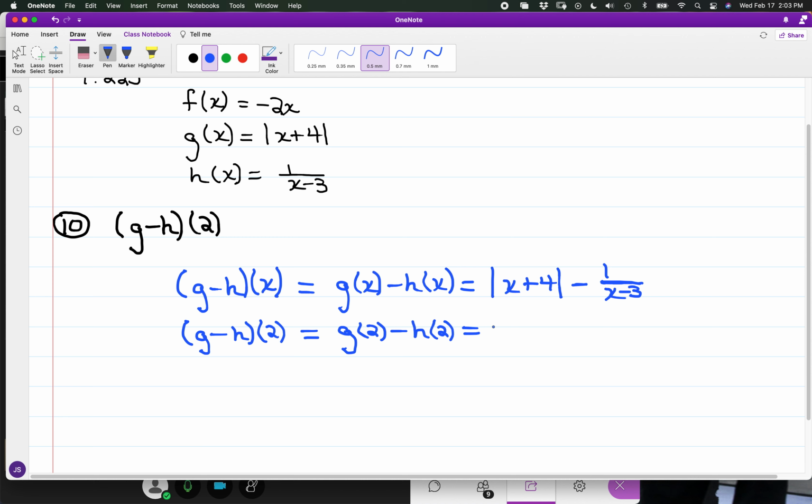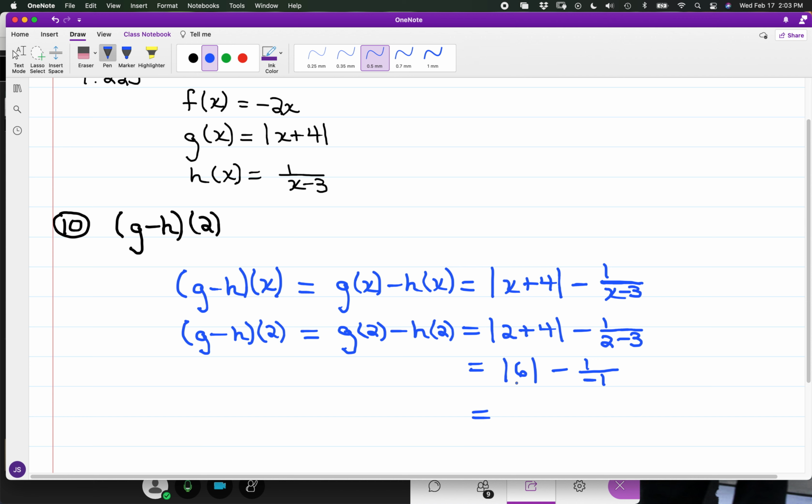Carrying 2 to replace x, I have 2 plus 4 in the absolute value, and we have minus 1 over 2 minus 3. I'll just work down over here. So you have the absolute value of 2 plus 4, which is the absolute value of 6, and for 1 over 2 minus 3, we have 1 over negative 1.